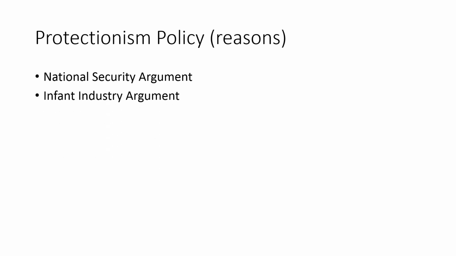Second, infant industry argument. This argument is based on the assumption that infant or new industries should be protected from established foreign competitors until they have developed sufficient efficiency and economies of scale for them to compete on an equal basis.